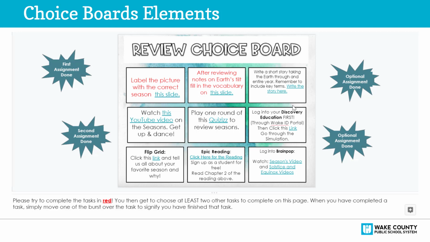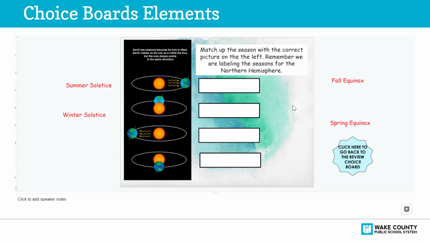So students really have control over that task, which helps increase that behavioral engagement too, because people are more willing to complete the task when they feel like they have control. And then also, we'll take a look at the slides. These slides are also in the same slide deck, but they give the student the opportunity to receive feedback.